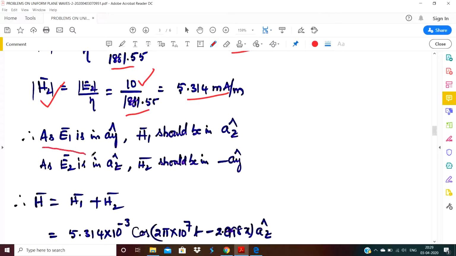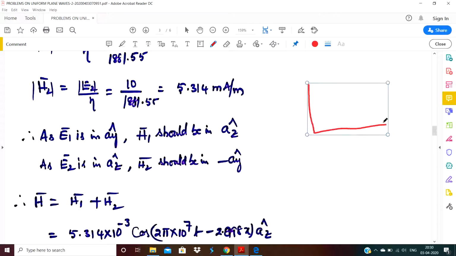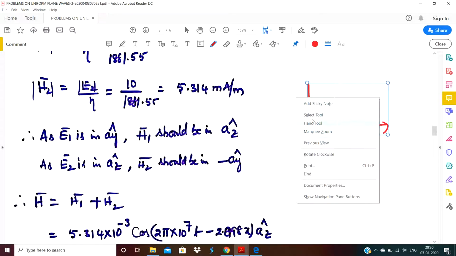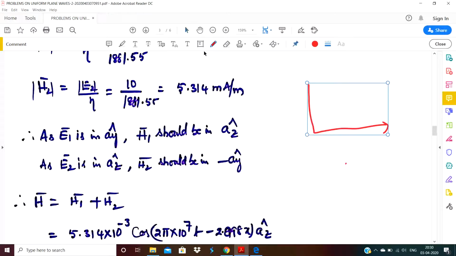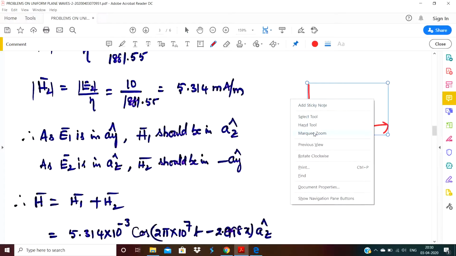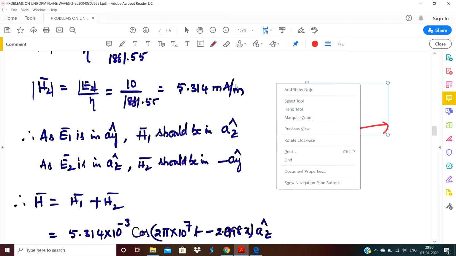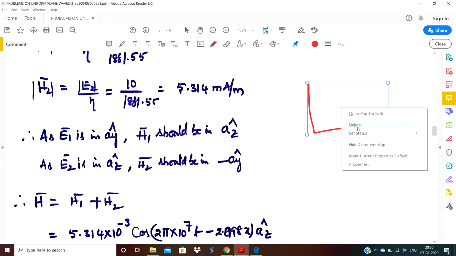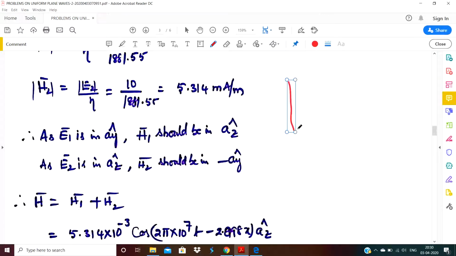Very important thing is, as this E1 is along the y-axis, suppose we take it like this, just a minute. And like this, we can see here, this is the direction of propagation.